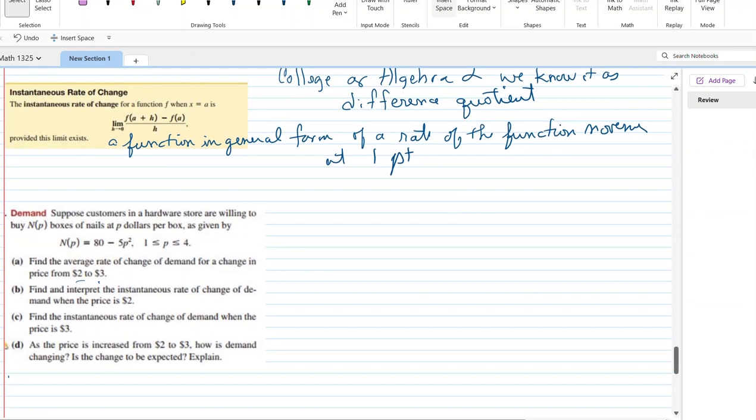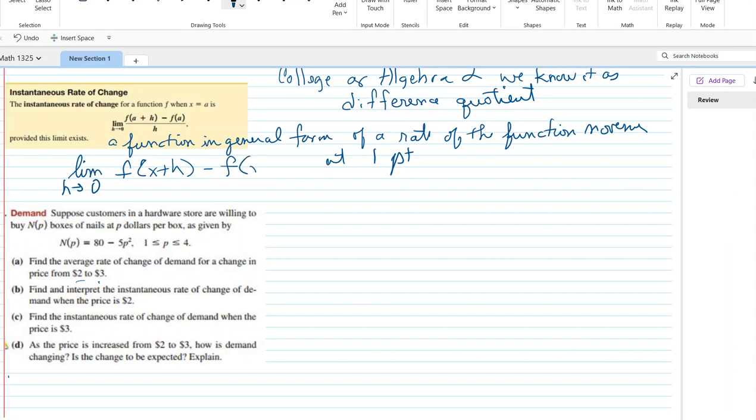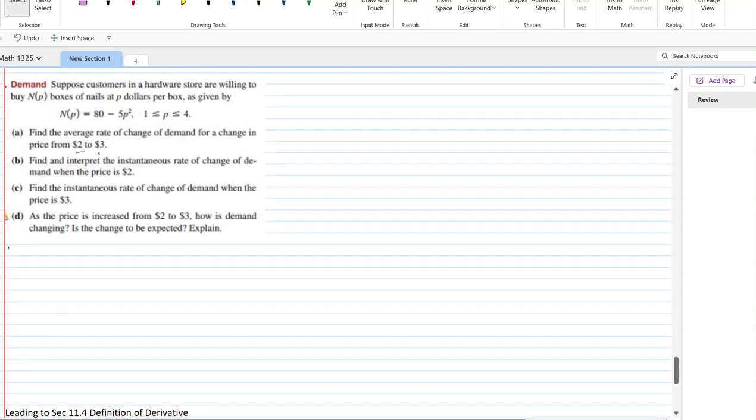It is a process, and it takes a limit as the change of x, which we make very small, for a function of a. Well, I don't like a, I just like x. So I'm going to write it in algebra form, so it'll be a recall for you: the limit of f of x plus h minus f of x, the start one, divided by h. And h is the change, and of course, we're approaching 0.